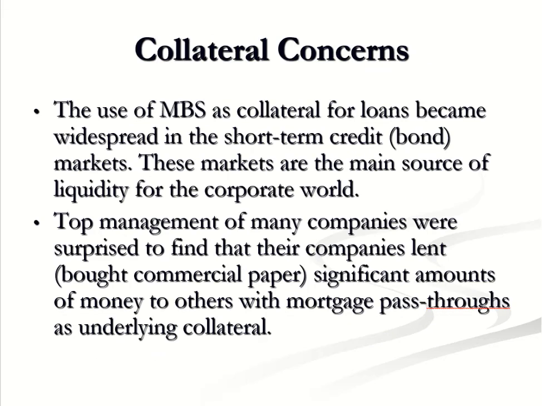The funny thing is, a lot of organizations, mutual funds and other companies bought asset-backed commercial paper. They didn't even know it was asset-backed commercial paper. They were surprised that they bought it. And so what happened in the financial markets at this point was there was total confusion. There was commercial paper that was unsecured, issued by household names.